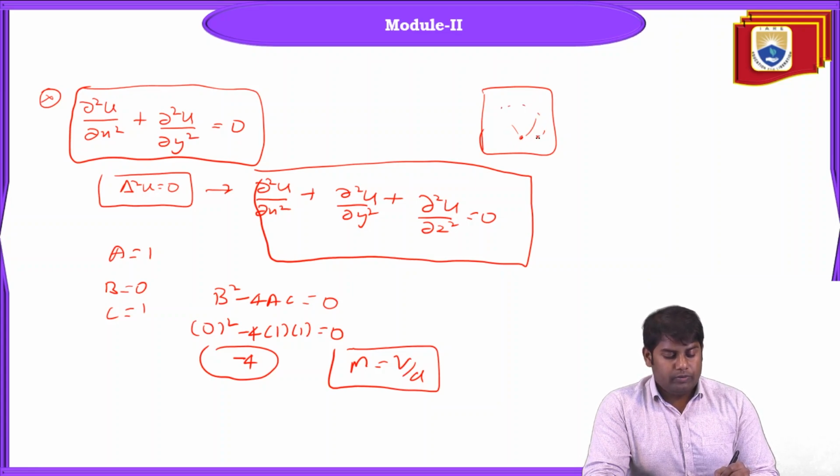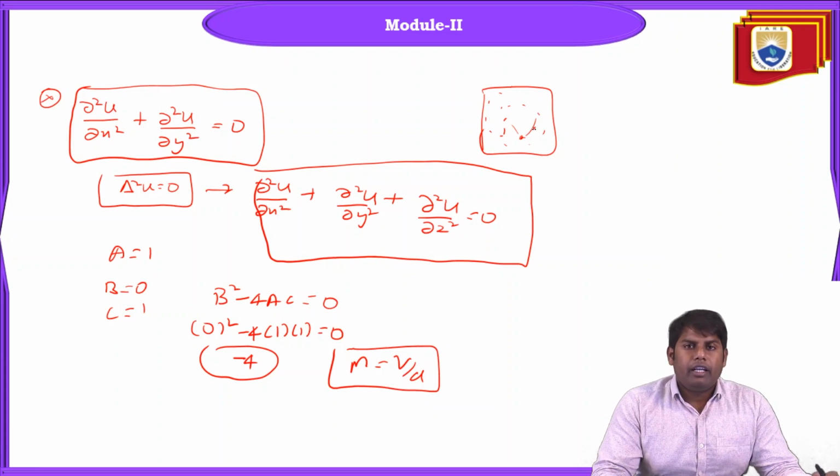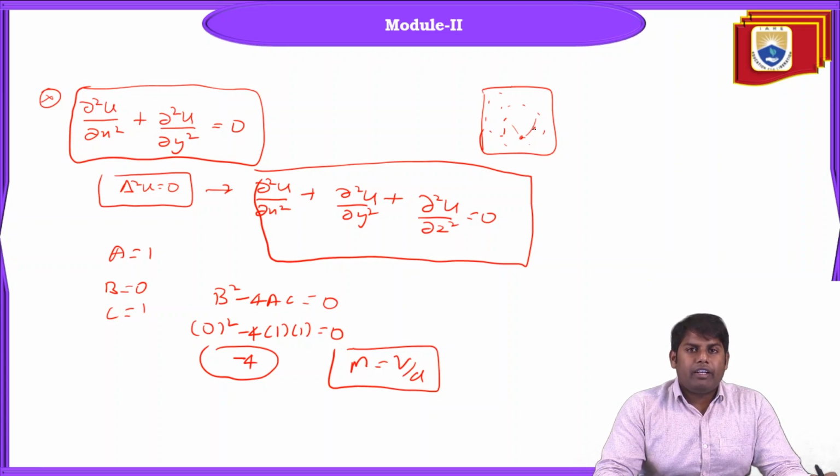So this disturbance occurs at all the points in the domain, which comes under the elliptic form. If you disturb a point in the domain, it will affect the whole domain. So the domain of dependence and the range of influence are very high in the case of elliptic.